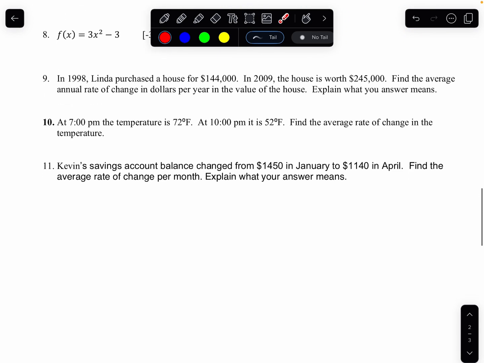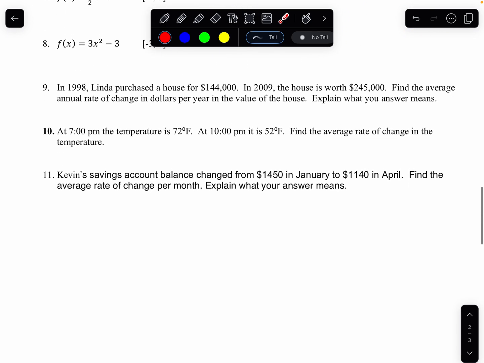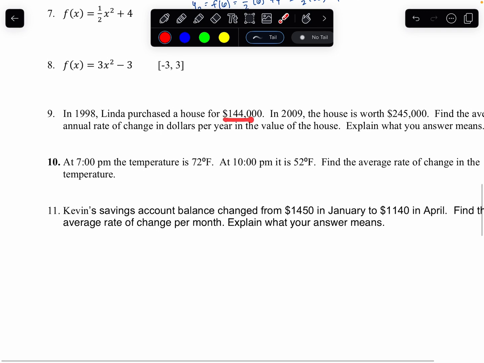For 9, 10, 11, they're just story problems. So for 9, in 1998, Linda purchased a house for $144,000. That's in 2009. The house is worth $245,000.